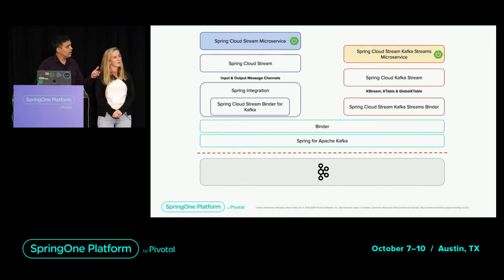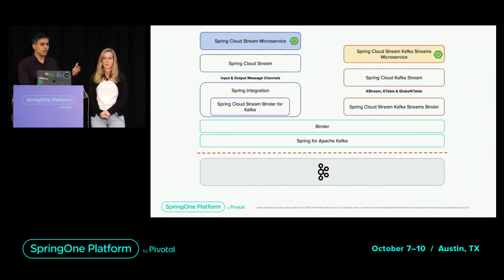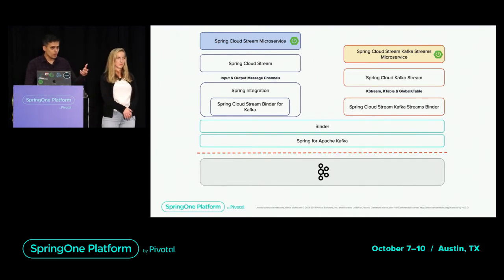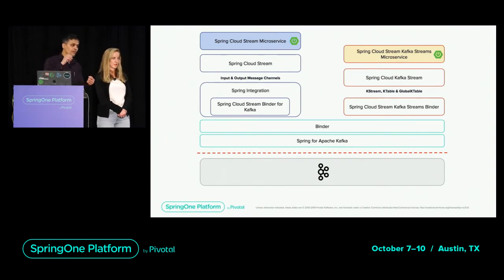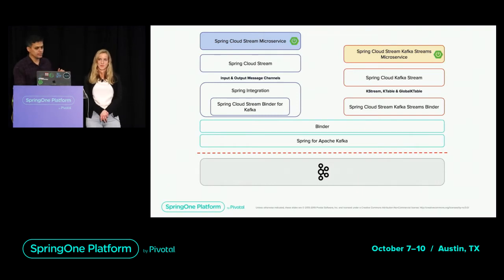And those are available as Spring Cloud Kafka Stream API to your Spring Boot application. And what does the Spring Boot provide you? It's the best way to write microservices, cloud-native microservices. So you get all the richness of Spring Boot, all the richness of Spring Cloud Stream, but with native Kafka Stream functionality, right? And we'll take a look at what exactly that means.